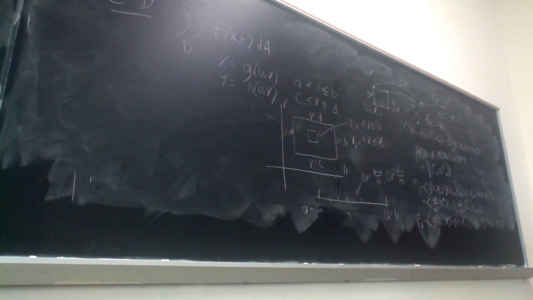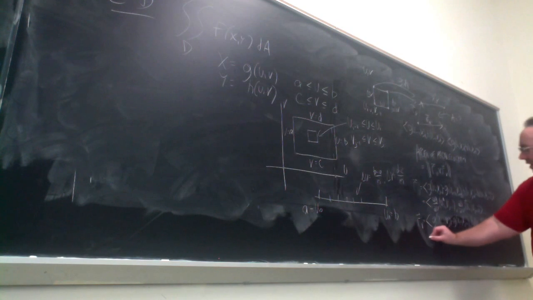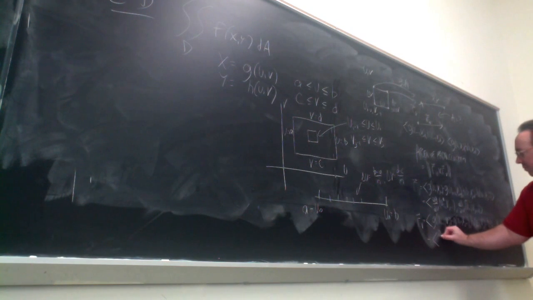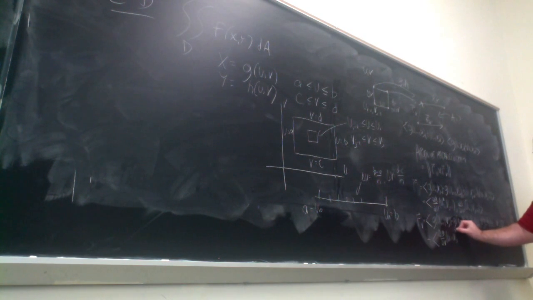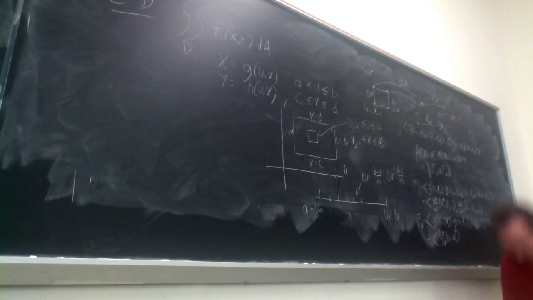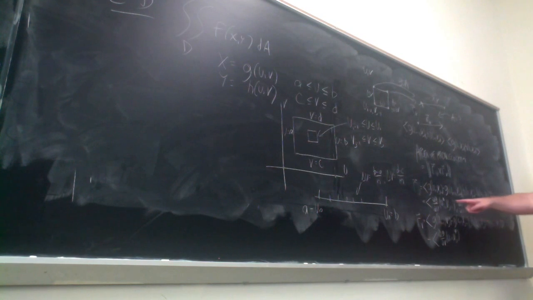And now, since u is not changing and v is, I can use the mean value theorem along the v direction. And this is now partial of g with respect to v at some unknown v value. Okay.